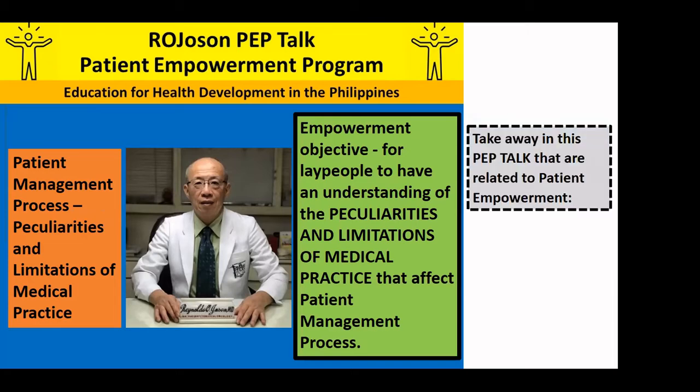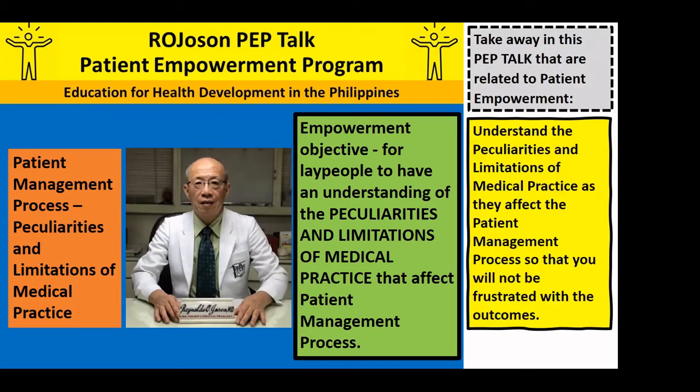The takeaways in this pep talk that are related to patient empowerment are the following. Understand the peculiarities and limitations of medical practice as they affect the patient management process, so that you will not be frustrated with the outcomes.